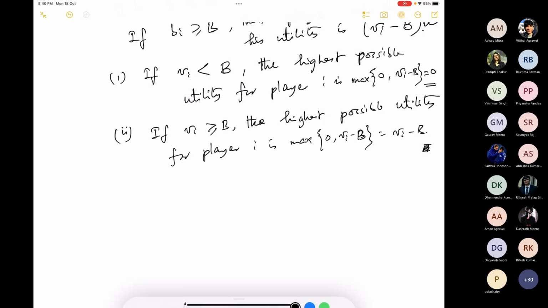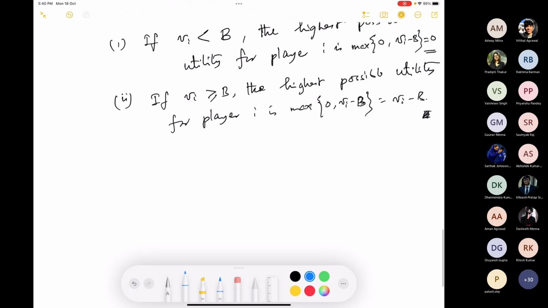But before that, let me write down the theorem of Vickrey without proof. That Vickrey auction satisfies the following.